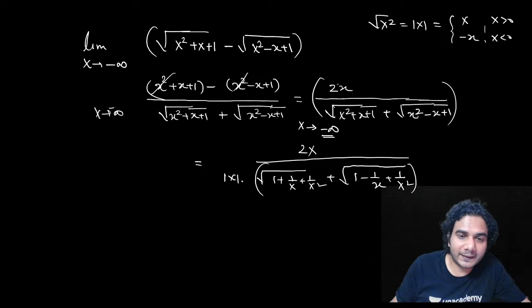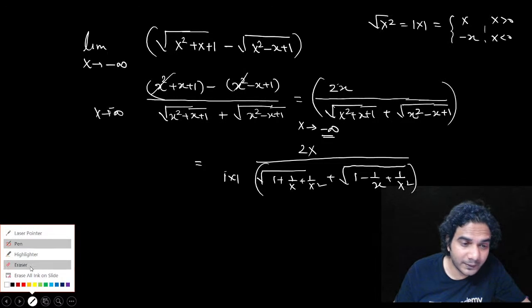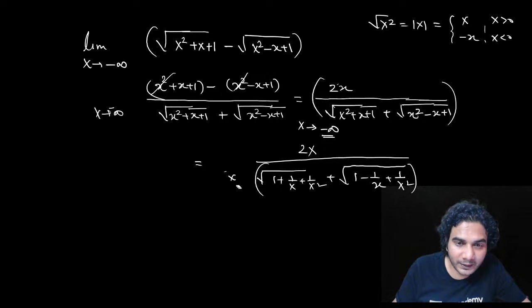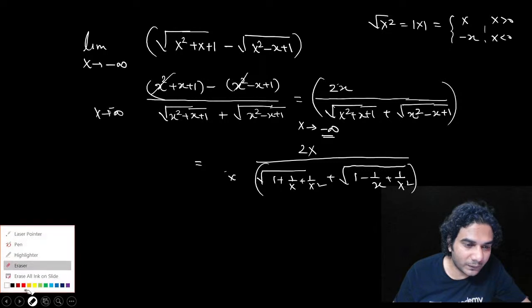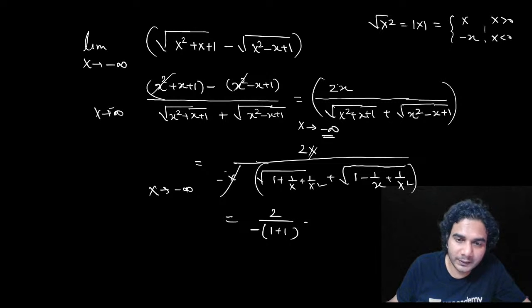Now what to do with this mod of x? This mod of x is going to be minus x, because x is negative. So just write mod of x is equal to minus x. That was the main thing in this question. So x and x will get cancelled. Then the answer is going to be 2 upon minus of 1 plus 1. So it is going to be minus 1.